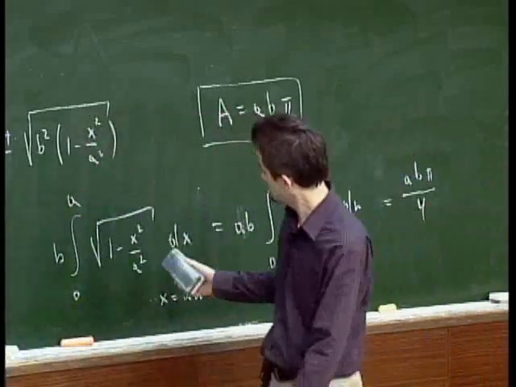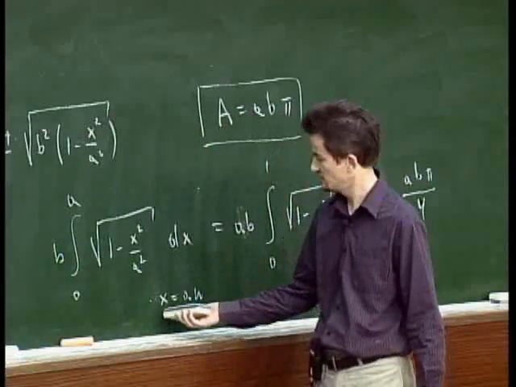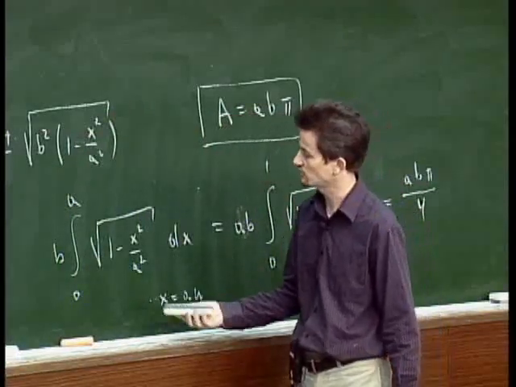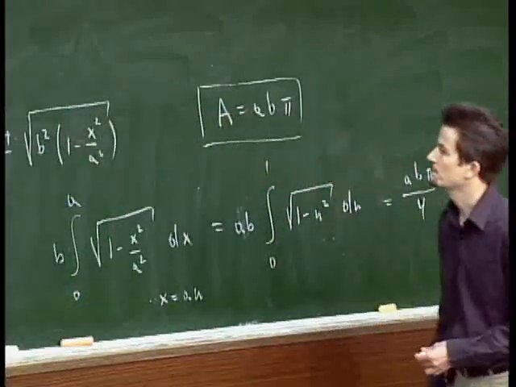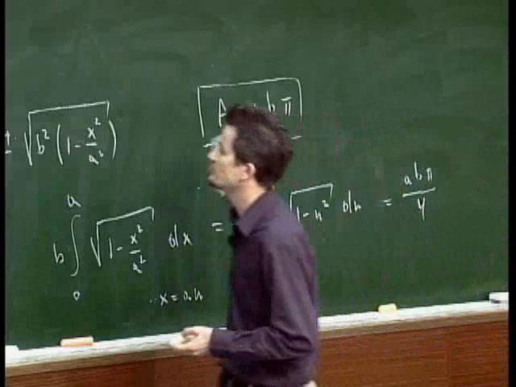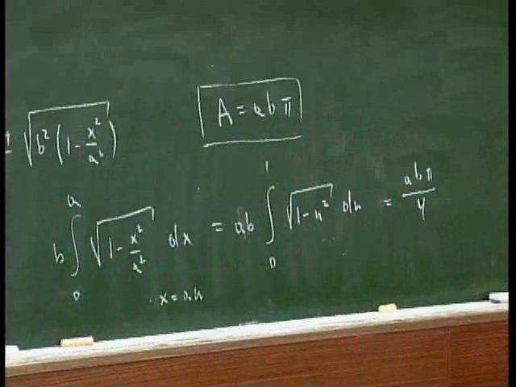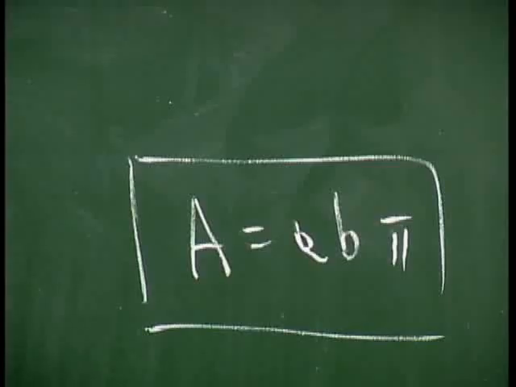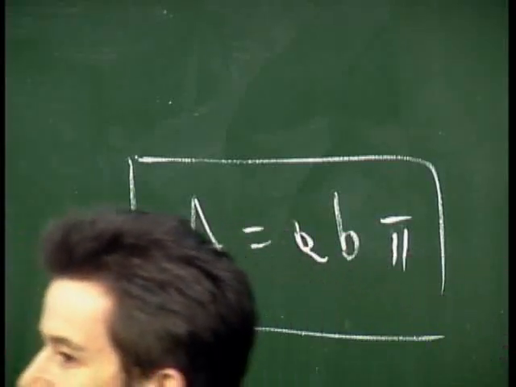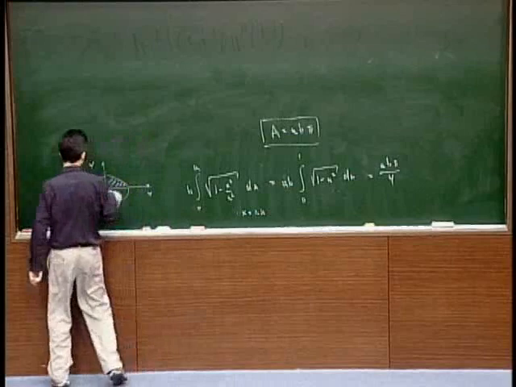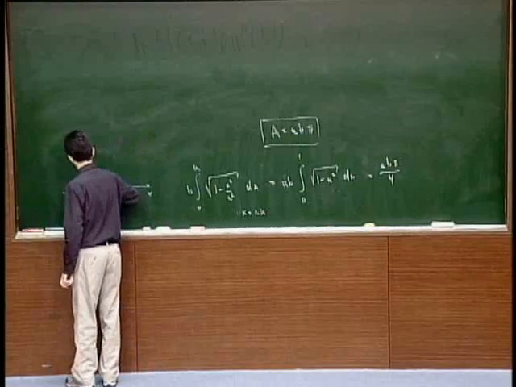It is not really necessary, because this substitution transforms the ellipse into the circle. You see that in the case where a is equal to b, it reduces to the circle, as it must, because then you have a squared times pi.